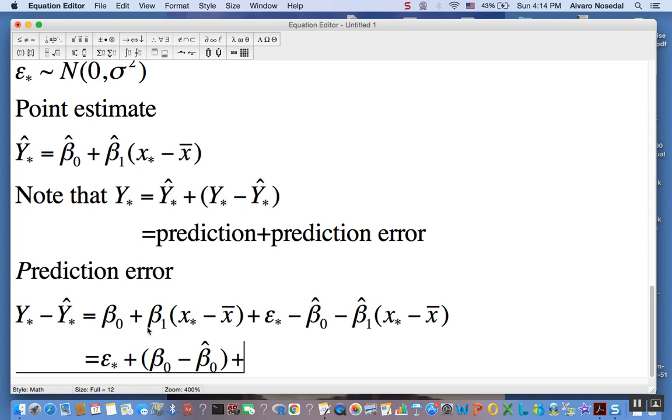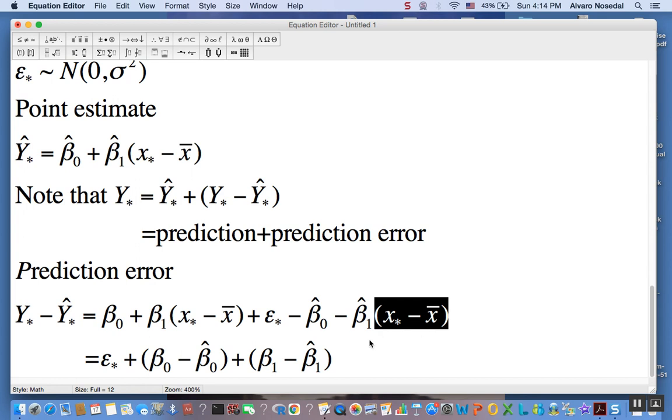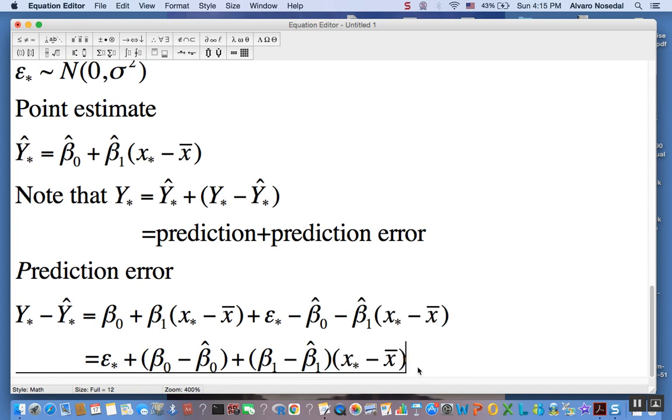Then these two terms have a common factor, x star minus x bar, so let's rewrite those together. It would be beta 1 minus beta 1 hat, times this common factor.